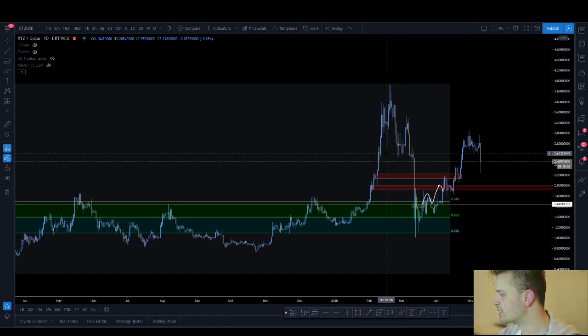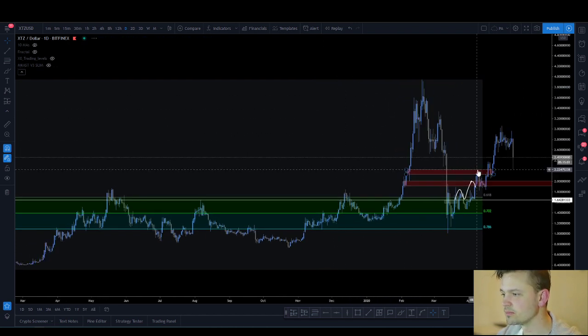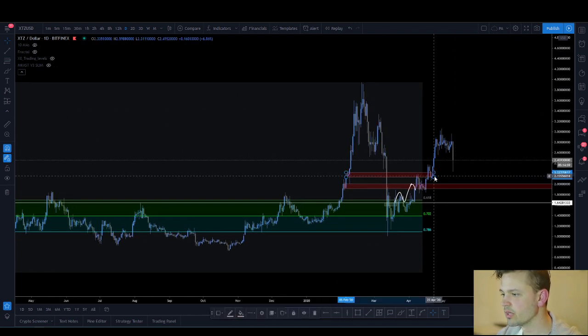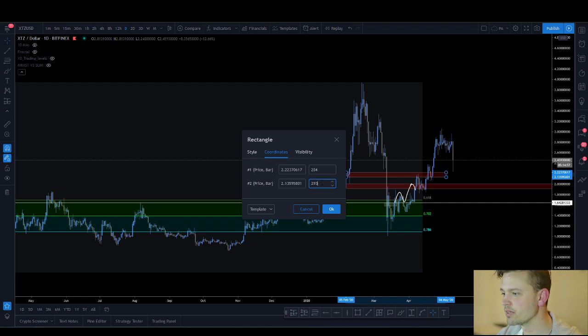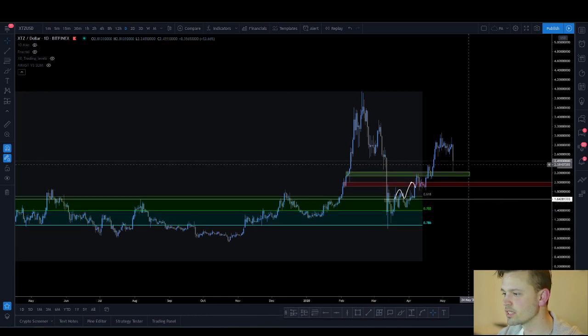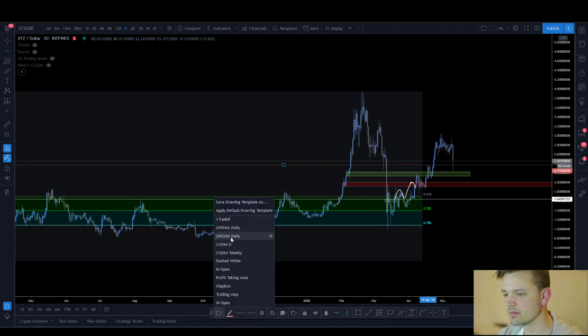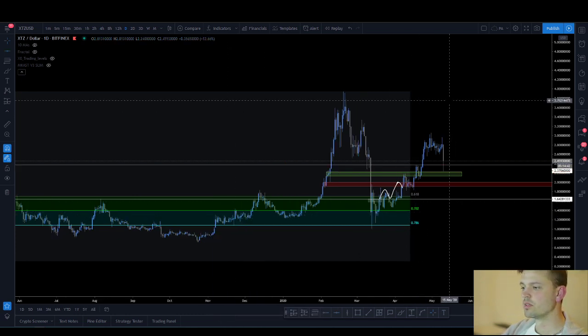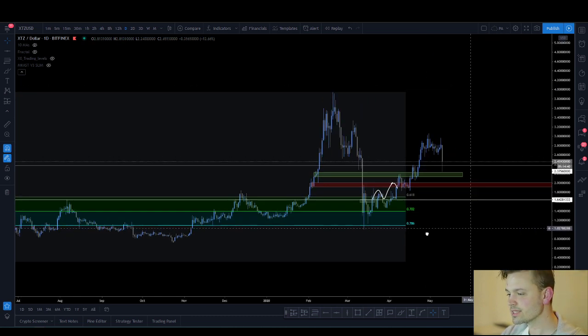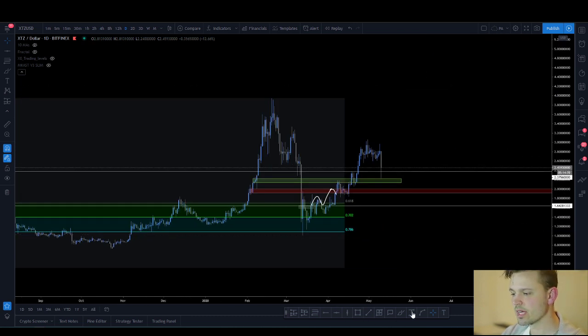Yeah, we'll take a look at the Ethereum too. So I got this box marked out here. I haven't taken a look at this one. This one is obviously support, and we had a nice bounce here. Let's add a level here because that makes sense, right? As long as Tezos can hold this level, I think it's good to go.